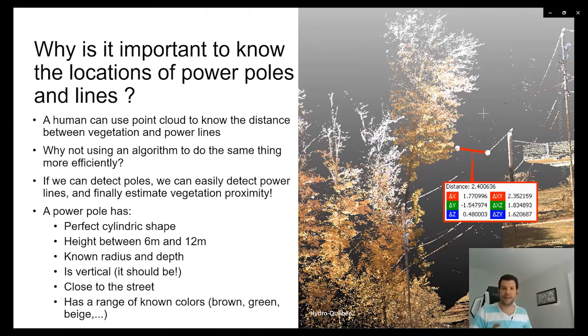So this is the main idea of our algorithm. What is different from other works is that we don't start by detecting lines. It's not our first step. Our first step is to detect poles, and after that we believe that there's a power line between poles. So let's see how our algorithm works.